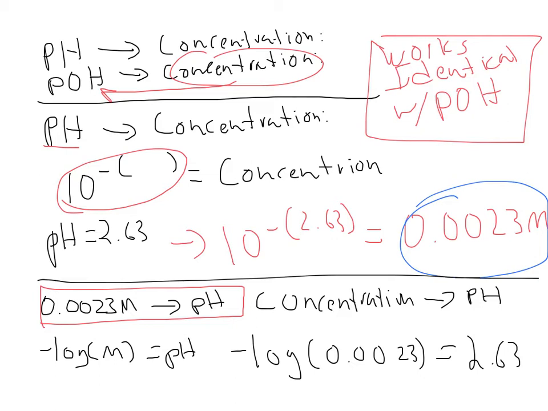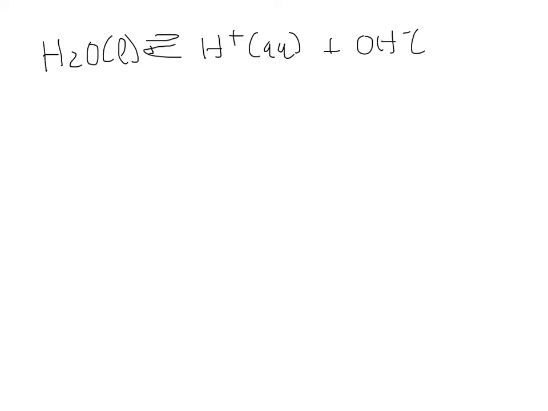So now we're going to do a homework problem that's very similar to chapter 15, number 5, on the next slide. So this problem says that water ionizes by the equation H2O liquid yields H plus aqueous plus OH minus aqueous.